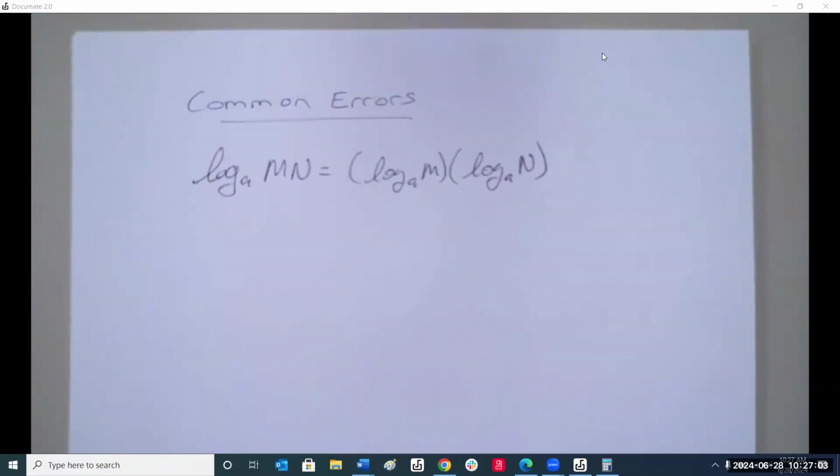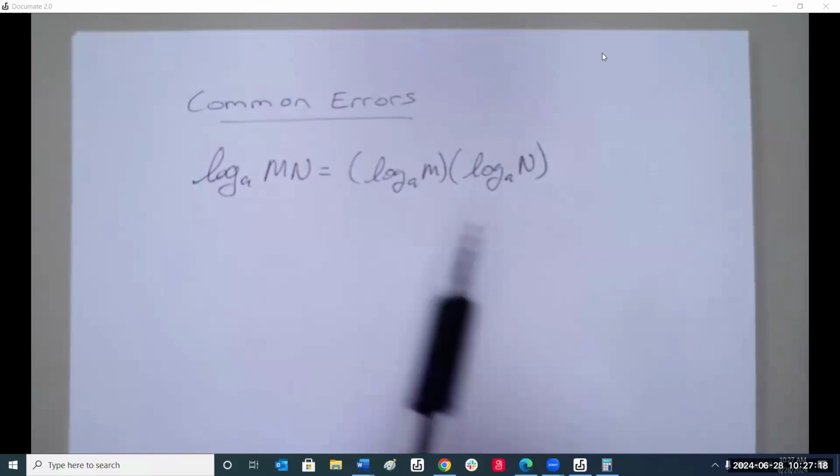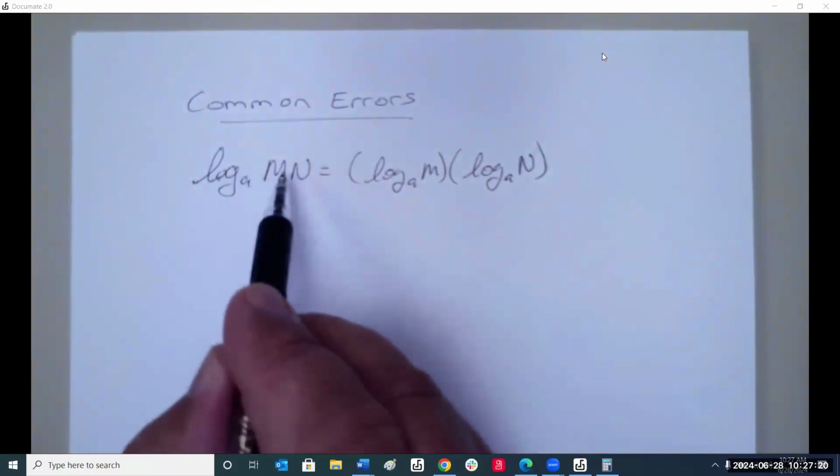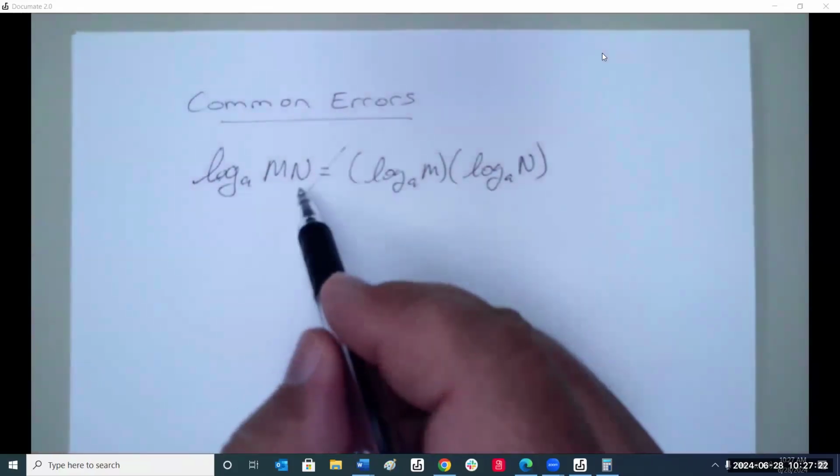Why is that an error? You're supposed to add them. It doesn't mean just distribute the log. So that's why this one's wrong.